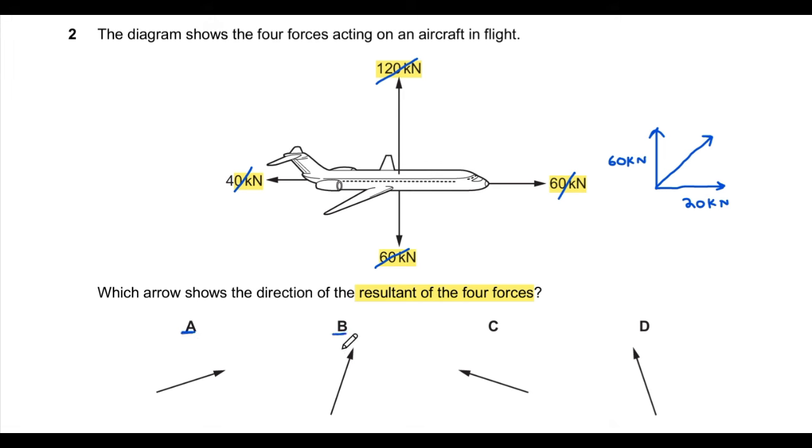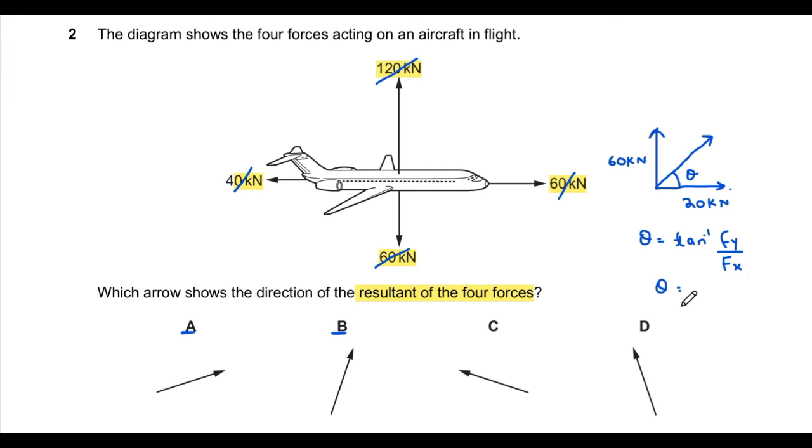So it can either be A or B. But how can we choose? For this, we will find the angle between the resultant and x-axis. To get the angle, we use the formula theta is equal to tan inverse of y component of force divided by x component of force.